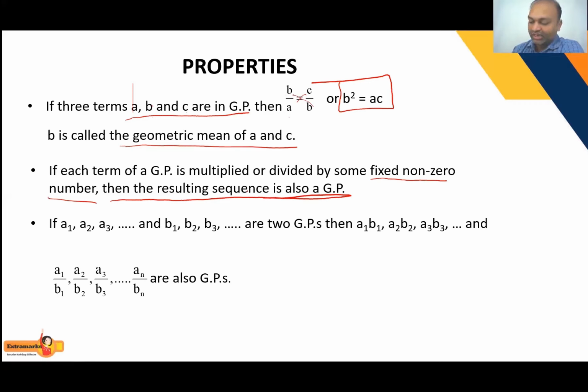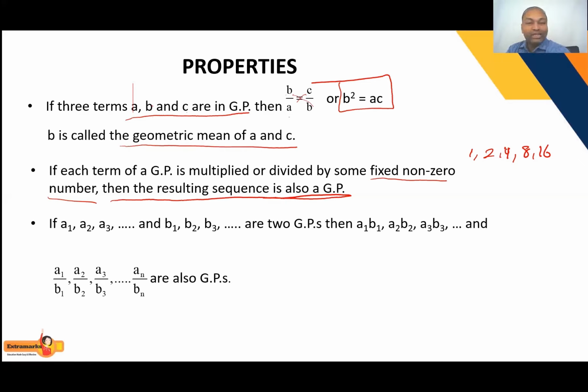Here I am taking 5 values in a simple way: 1, next 2, next 4, next 8, next 16, enough. See, is this example in GP or not? 2 by 1 is 2, 4 by 2 is 2, 8 by 4 is 2, 16 by 8 is 2. The ratios are the same, so it is in GP.